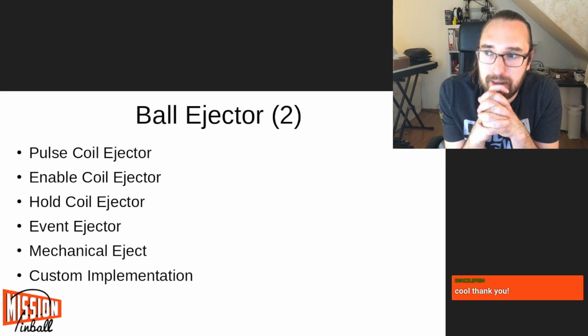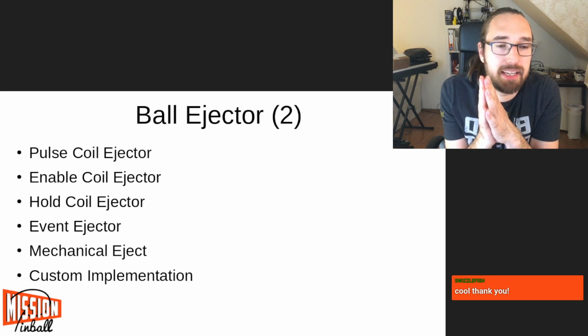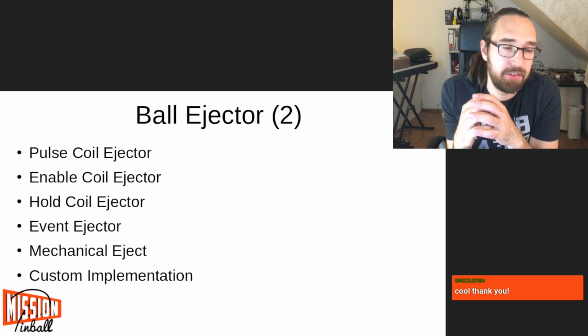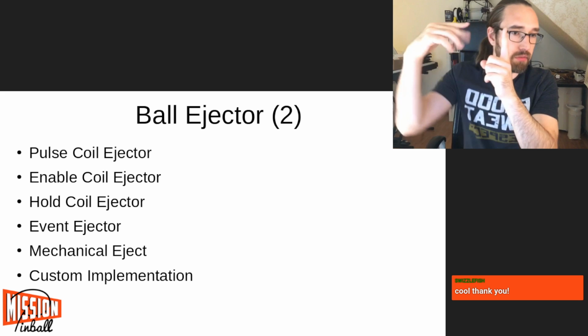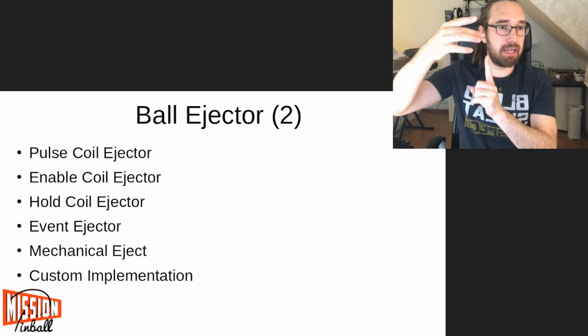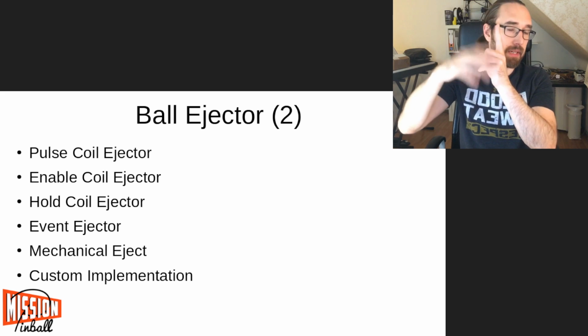Then there's the hold coil ejector. That's a little bit similar to the enable coil ejector. That's kind of a hack. Normally you have those posts which are default up. Often you have locks where there's one post which is default up, and you can pulse it down or enable it down. Then one ball rolls out and it goes up again.